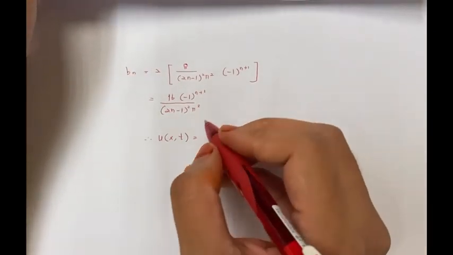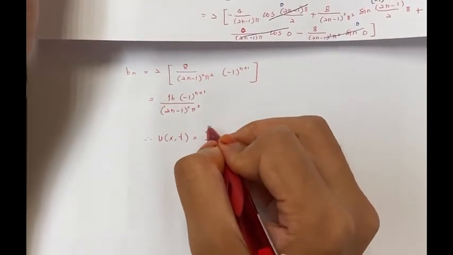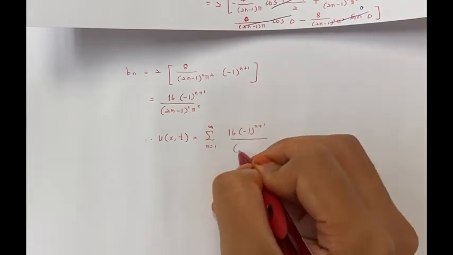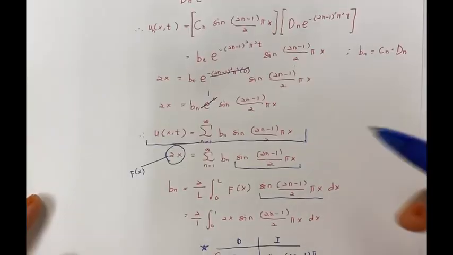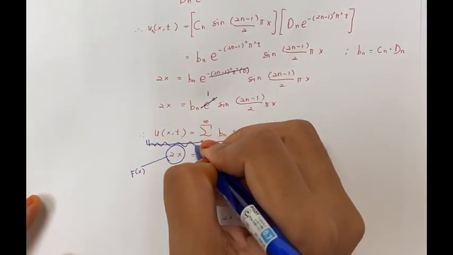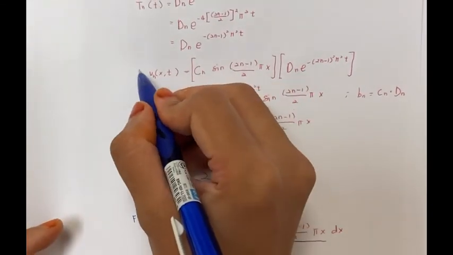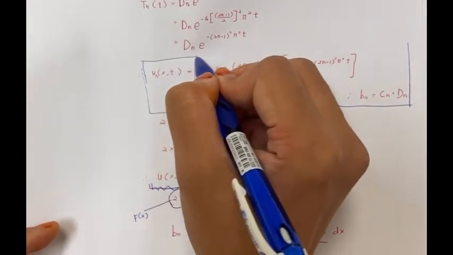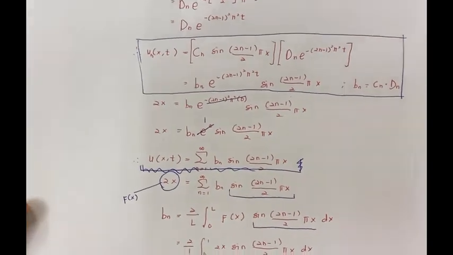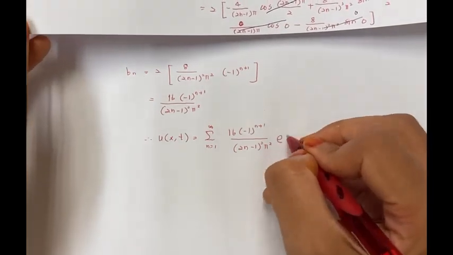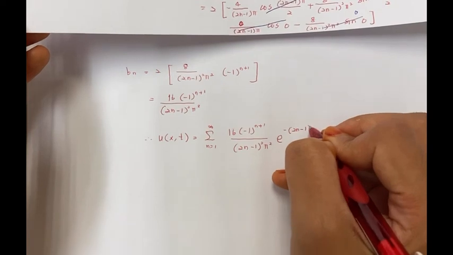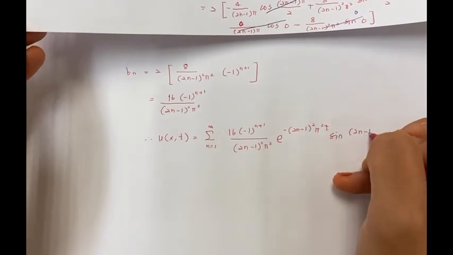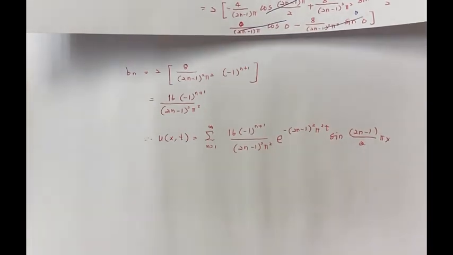Sorry, it's not this u(x,t); sorry, class. It's this u(x,t), the general solution, that you need to substitute into. So u(x,t) is equal to the summation from n equals 1 to infinity of 16 negative 1 to the power of n plus 1 over (2n minus 1) squared pi squared, times the exponent of negative (2n minus 1) squared pi squared t, times sine of (2n minus 1) over 2 pi x. This is the last answer.